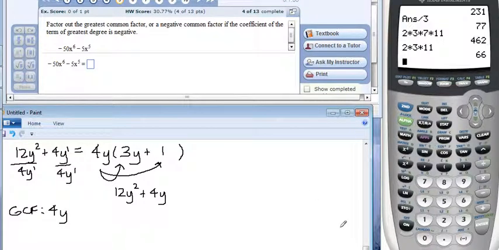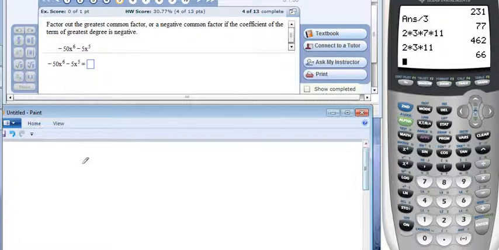All right, so again, I've gone down to the bottom without realizing it. All right, let's do this. I'm going to put my GCF here, and then whatever's left goes here. So between a 50 and a 5, I know a 5 goes into both of those, and it told me to take out the negative, so I'm going to take out a negative 5.